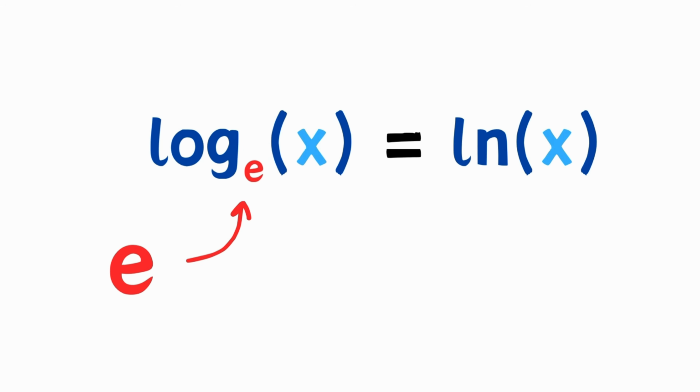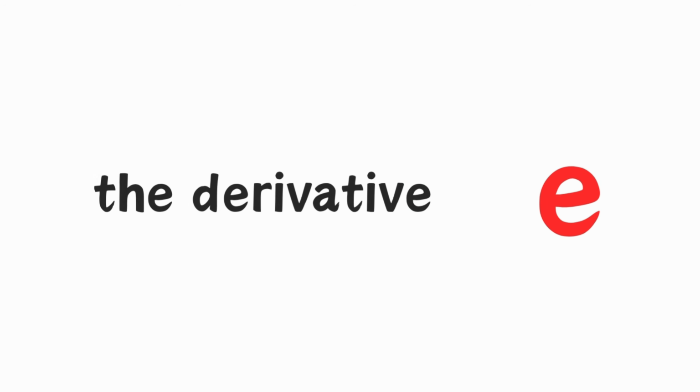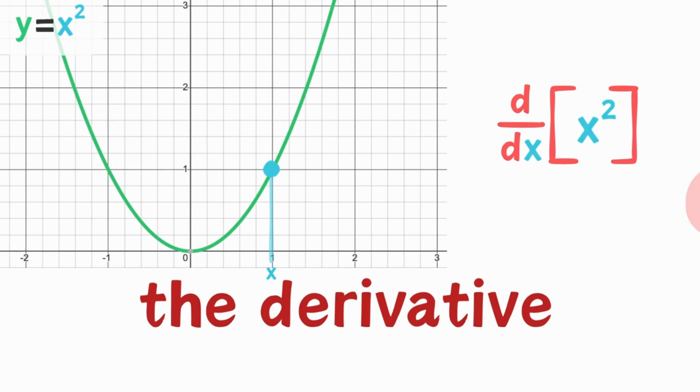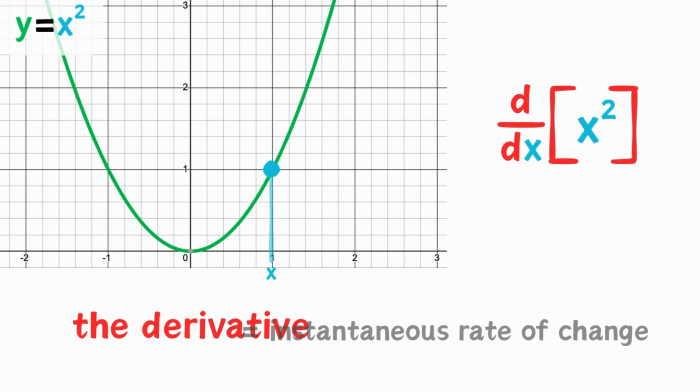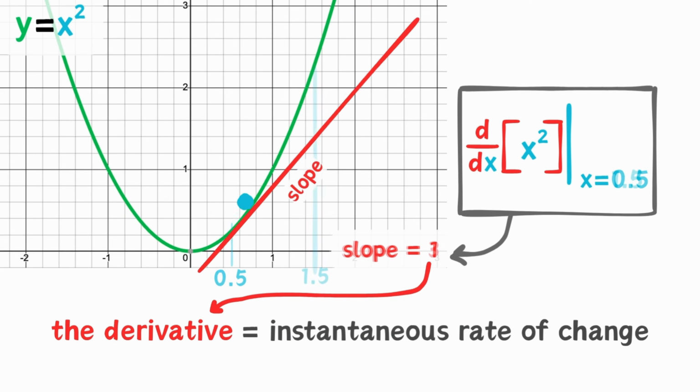We've already seen how the exponential constant is related to the natural logarithm, which also has very interesting properties. But the exponential constant has an extremely powerful property that makes it a keystone of calculus: its derivative. Recall that the derivative is a fancy term for the instantaneous rate of change, or the slope at a given point. The slope determines how steep the curve is.